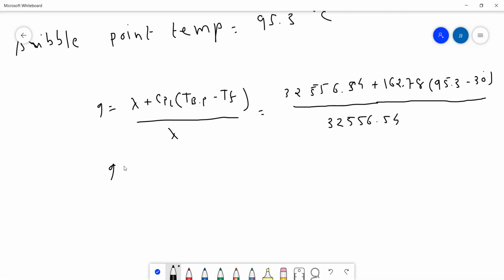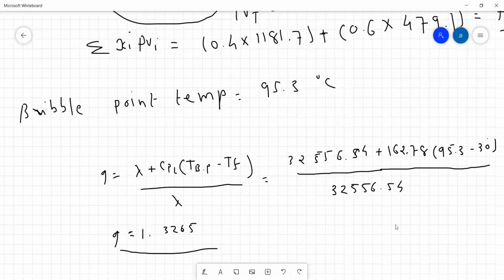So you will get q is equal to 1.3265. Now you can substitute this q in this equation.